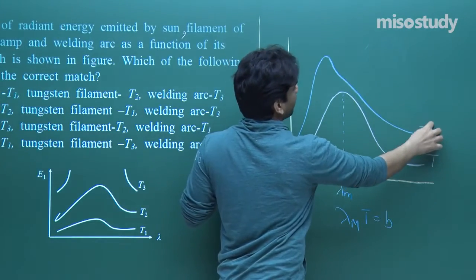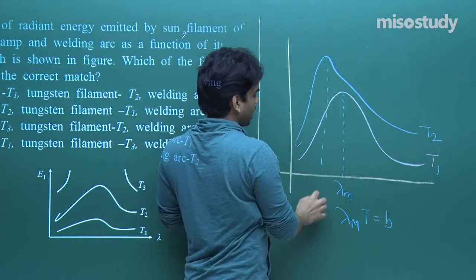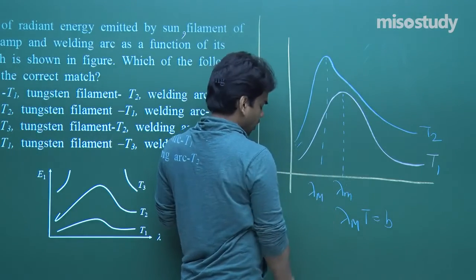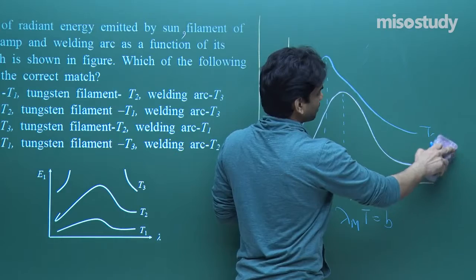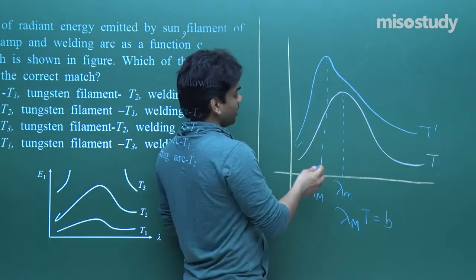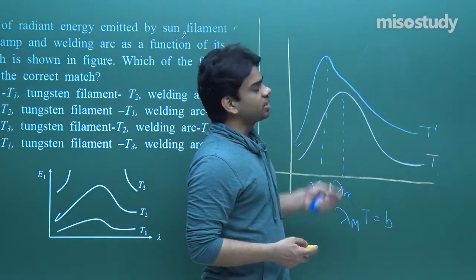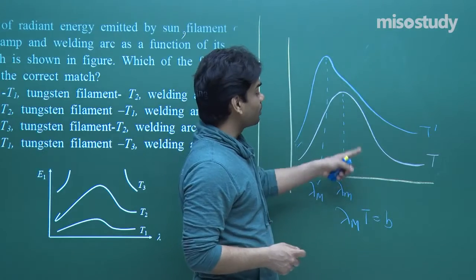Let's say this is another curve at temperature T dash. It is better to use T and T dash. So here we have lambda m dash, which is smaller, so temperature T dash will be higher compared to temperature T.